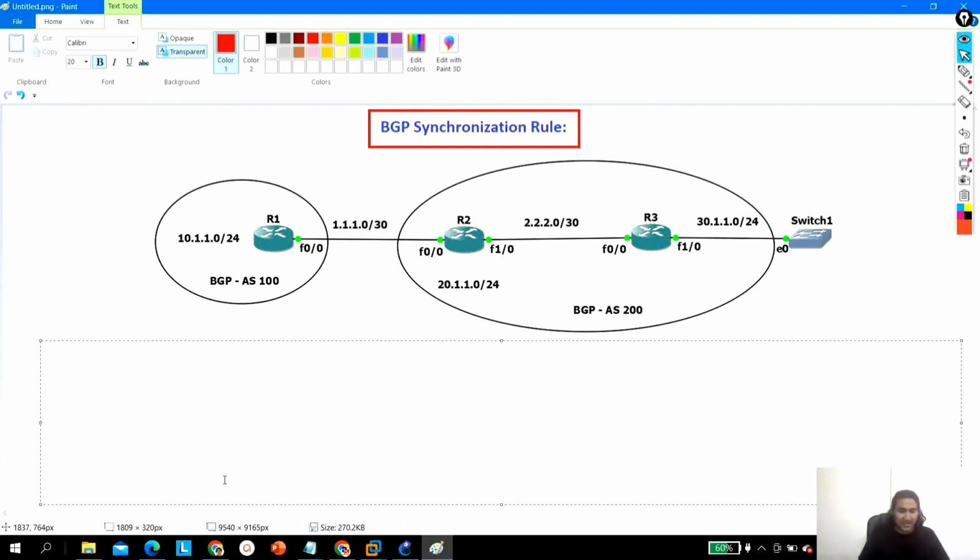So let's see what the BGP synchronization rule says.